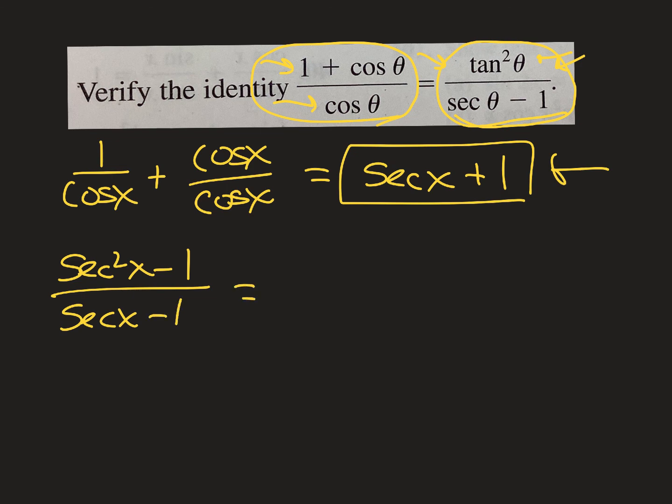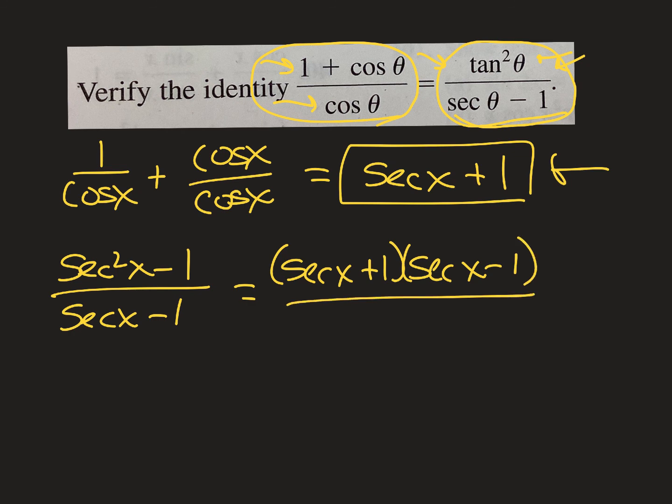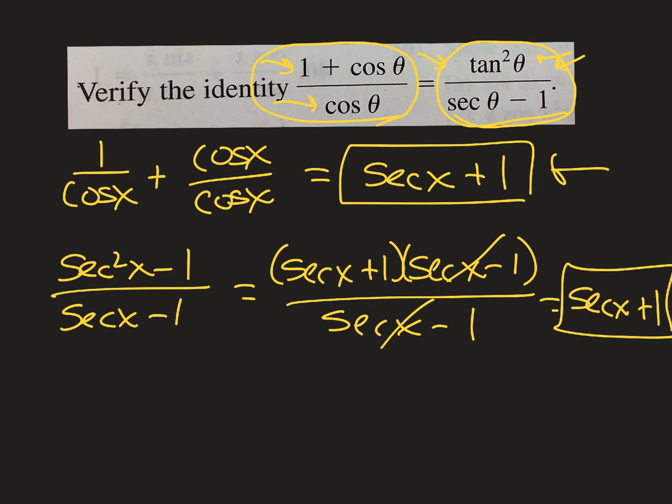Now, on top up here, that's the difference of squares. I can factor that like secant x plus 1, secant x minus 1. And in my denominator, I have secant x minus 1, which is convenient because they cancel. When they cancel, guess what it leaves me with? You guessed it, secant x plus 1. Look up there. They're the same.